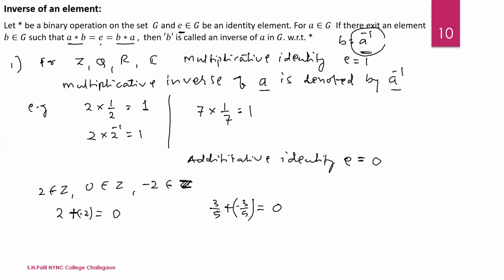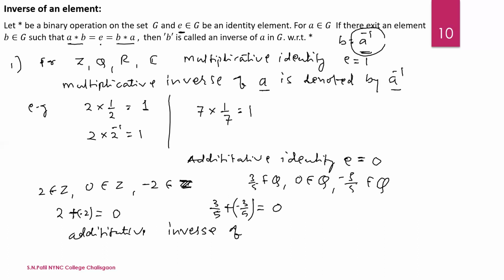So 3 by 5 belongs to Q, 0 belongs to Q, and minus 3 by 5 belongs to Q. From these examples we can write that the additive inverse of A, where A is any element of Z, Q, R, or C, is denoted by minus A.